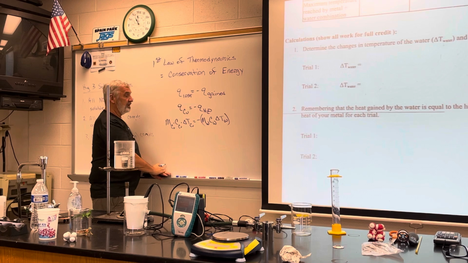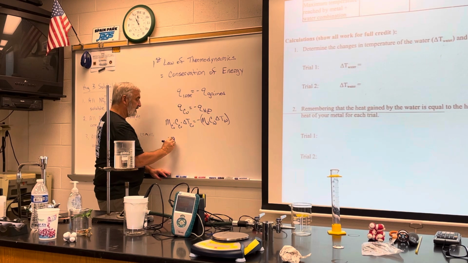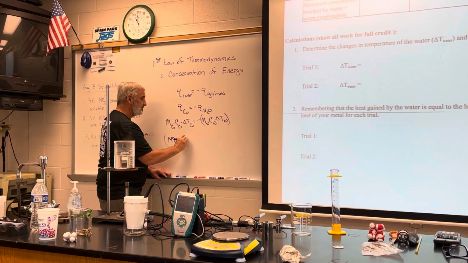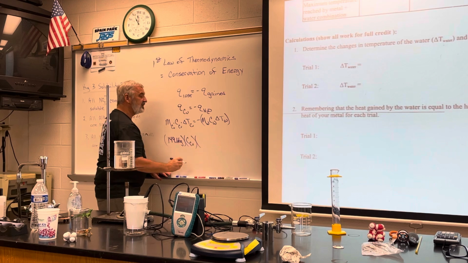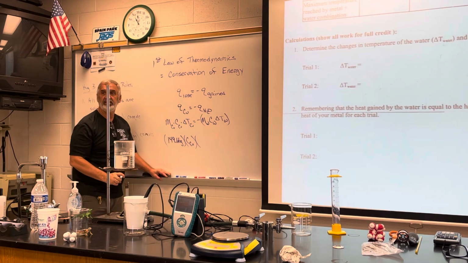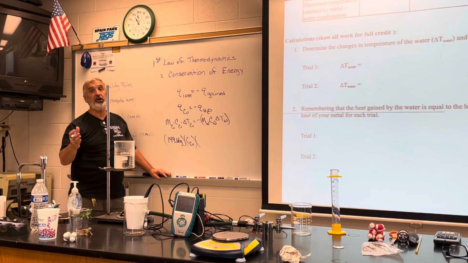Okay, so now, what's the mass of the copper? What did we say the mass of the copper was? 149.66 grams. Our goal is to find the specific heat of the copper. Well, what was the change in temperature of the copper? It started at 100.